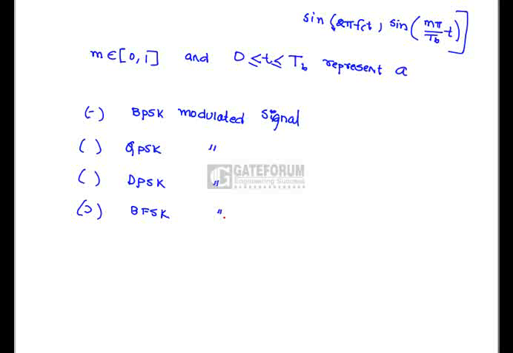This represents what? See, if we compare the equation with the standard equations of phase shift keying, we know that this equation belongs to binary phase shift keying, because here m takes only binary values, either 0 or 1. Hence option A is correct.